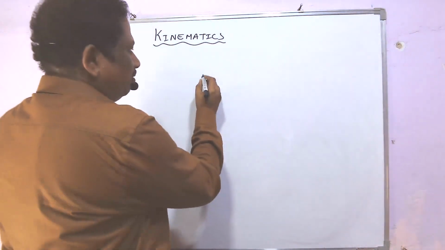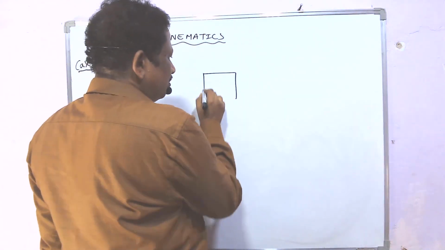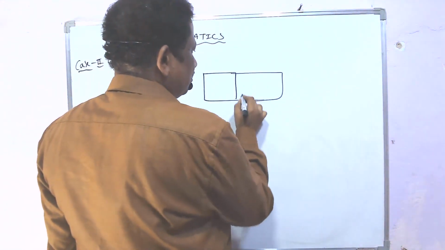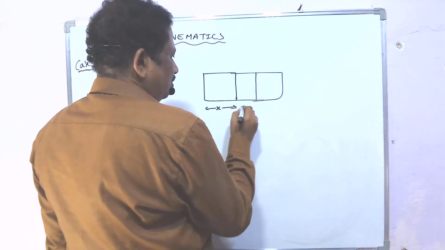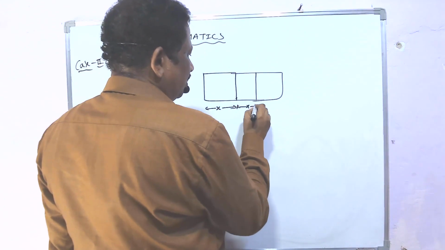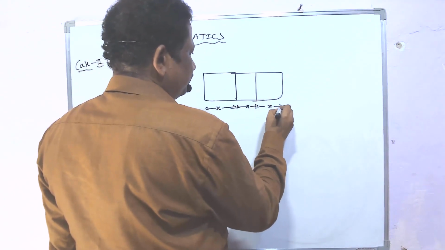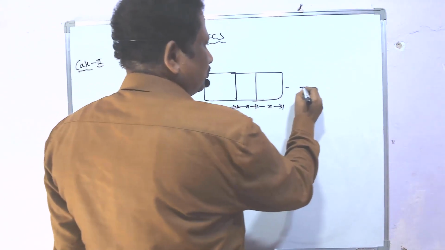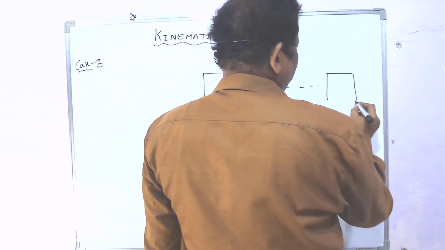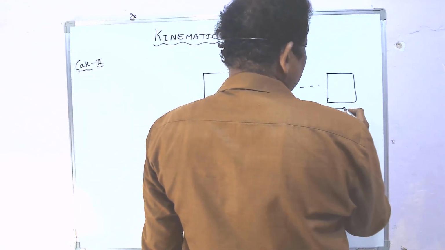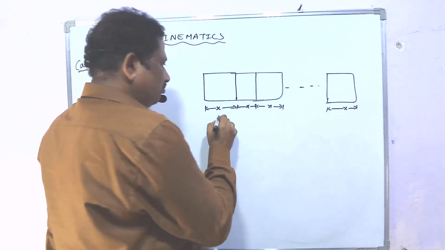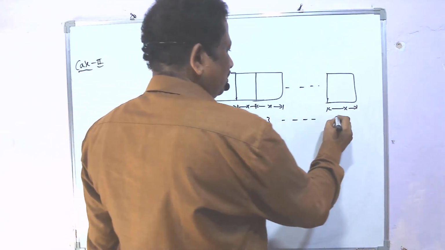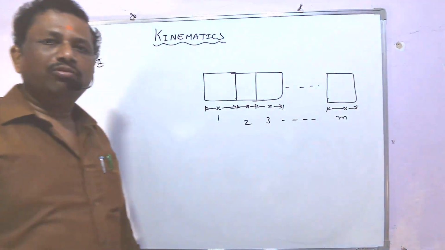Consider the wooden blocks. The length of each wooden block is x. Suppose I took wooden blocks 1, 2, 3, and so on, m wooden blocks.